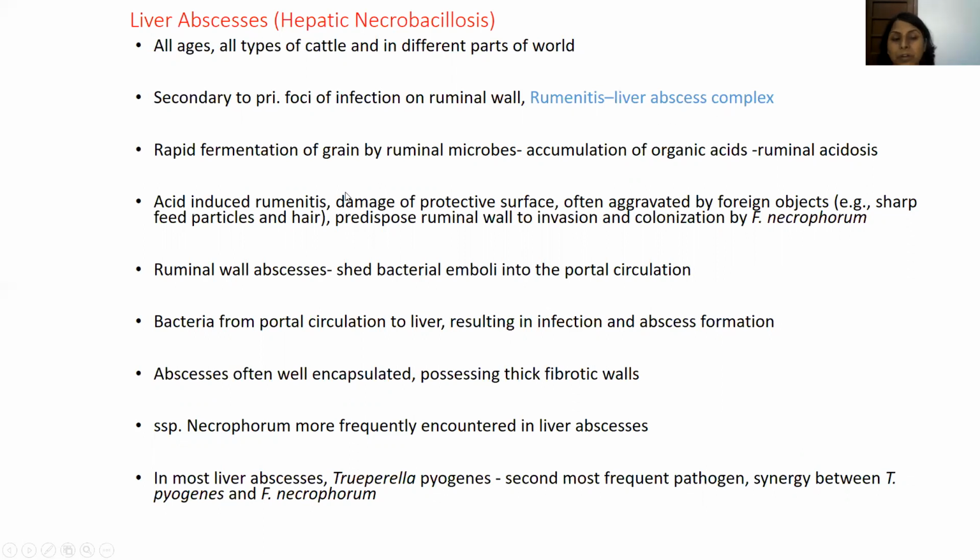What happens? Rapid fermentation of grain by ruminal microbes is responsible for the accumulation of organic acid, which causes ruminal acidosis.